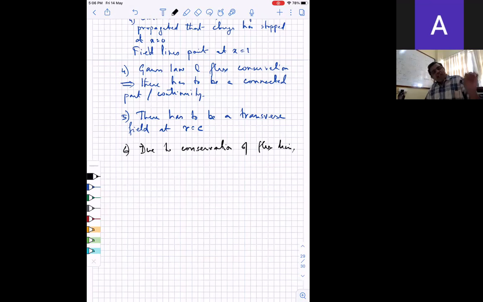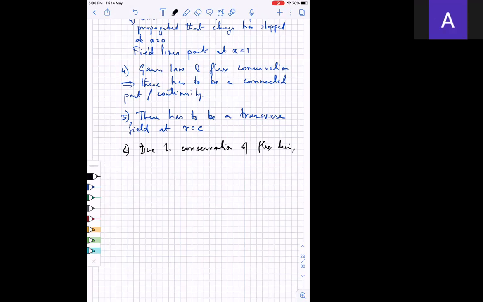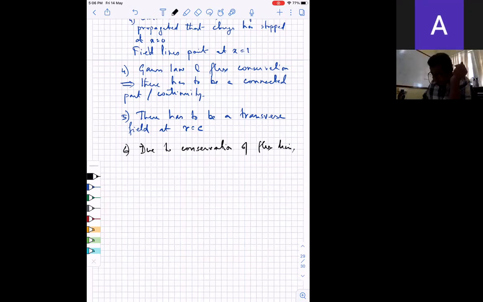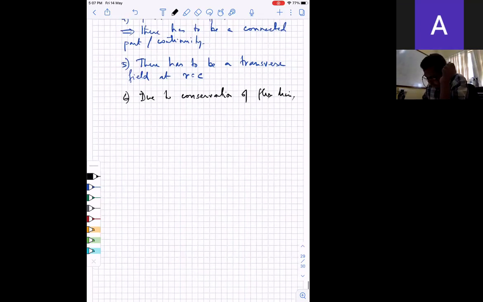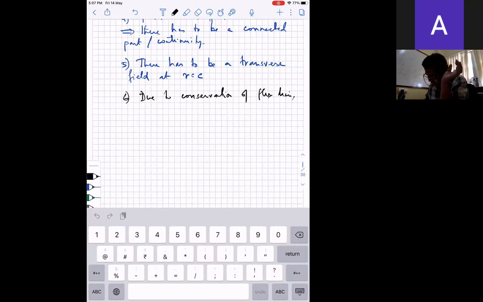Why? If you take an annular ring over here, this annular ring is of the same thickness, because the thickness is basically the light travel time into the acceleration time. So let me try to argue.